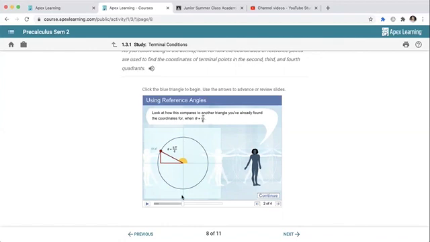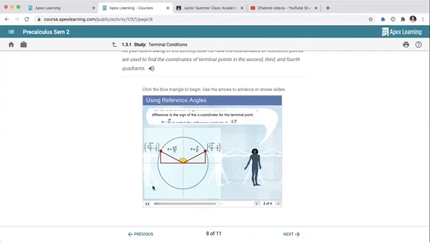It looks like pi over 6, except it was just reflected across the y-axis here. So you can see that the sides are the same, the lengths are the same. The only difference here is that now instead of having a positive x value, we're going to have a negative x value. The absolute values are still the same. However, we're now in this second quadrant where the x values are negative.